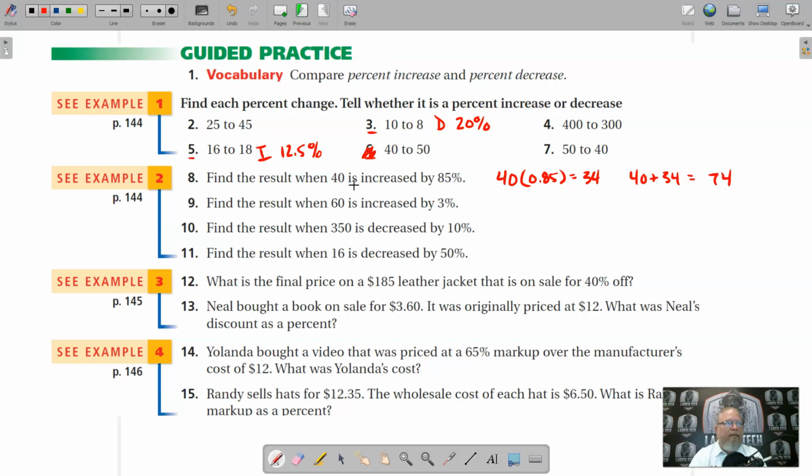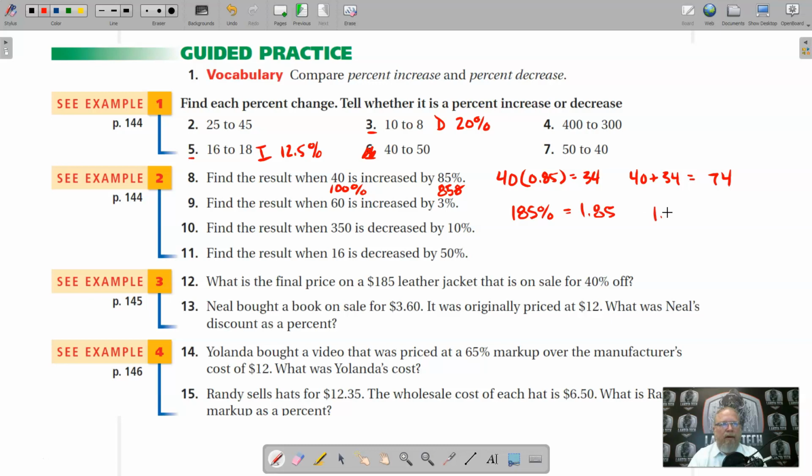But check this out. If we increase 40 by 85%, well, we have 40 over here, and we're adding to it. This is 100%, and this is 85%. So why don't we just go ahead and increase it by 185%? As a decimal, that is 1.85.